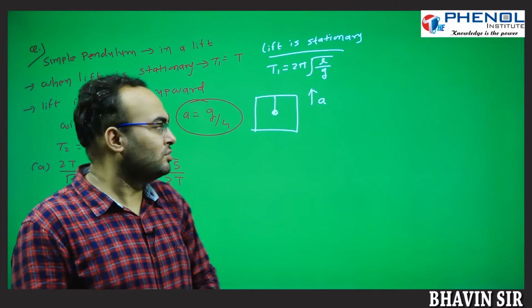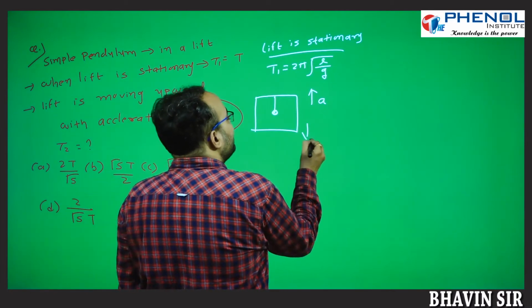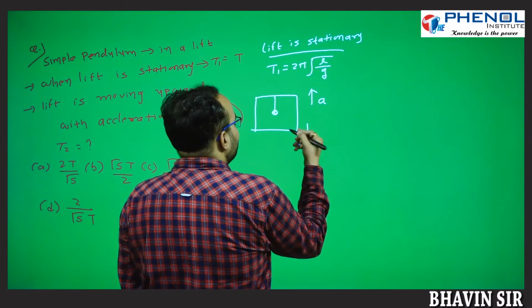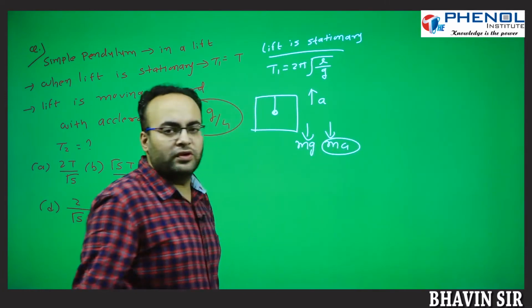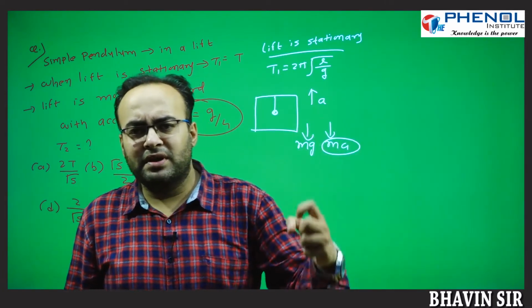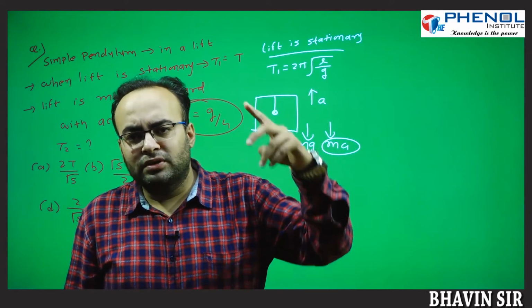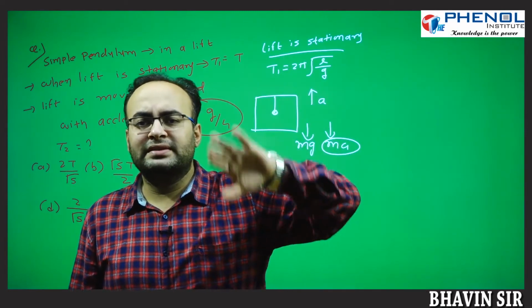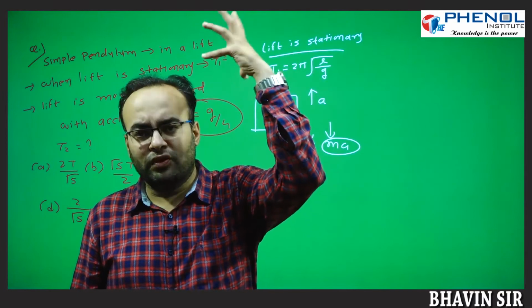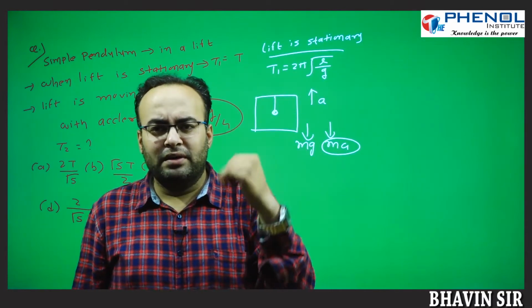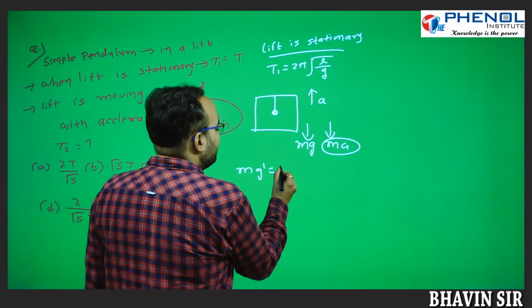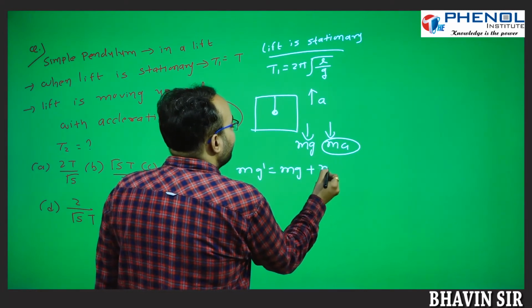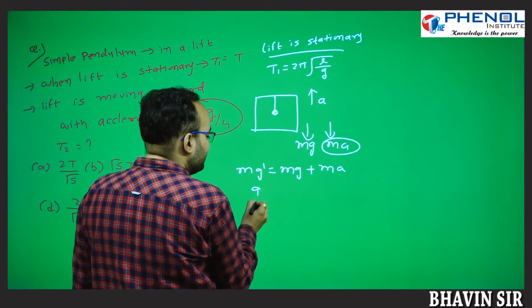Let's prove it. See, mg is always downward, and the pseudo force ma is also acting in a downward direction, because the lift is moving upward with acceleration A. So what is the resultant force? mg dash. G dash is the effective gravitational acceleration.